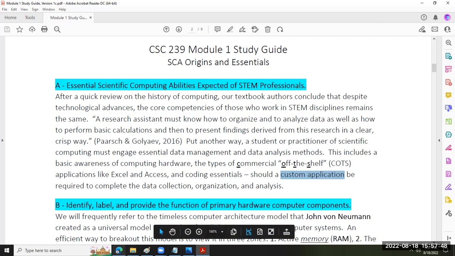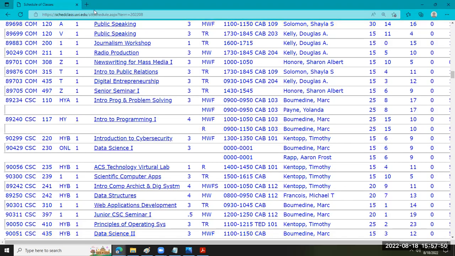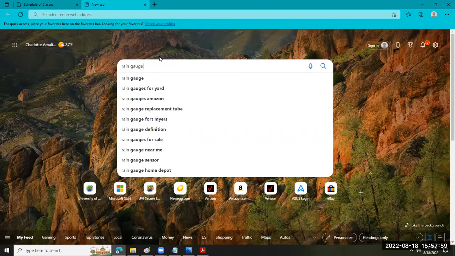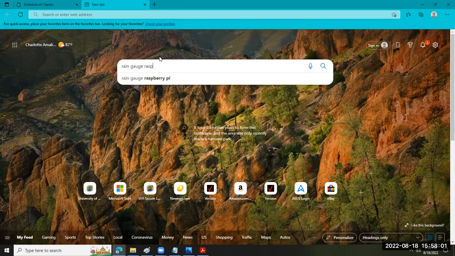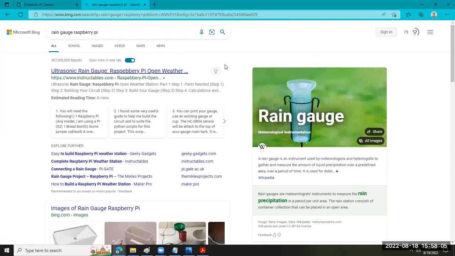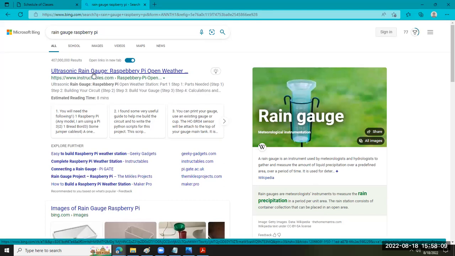Well, let's see if we can prime the pump here. Oh, how about that? There's an ultrasonic rain gauge.